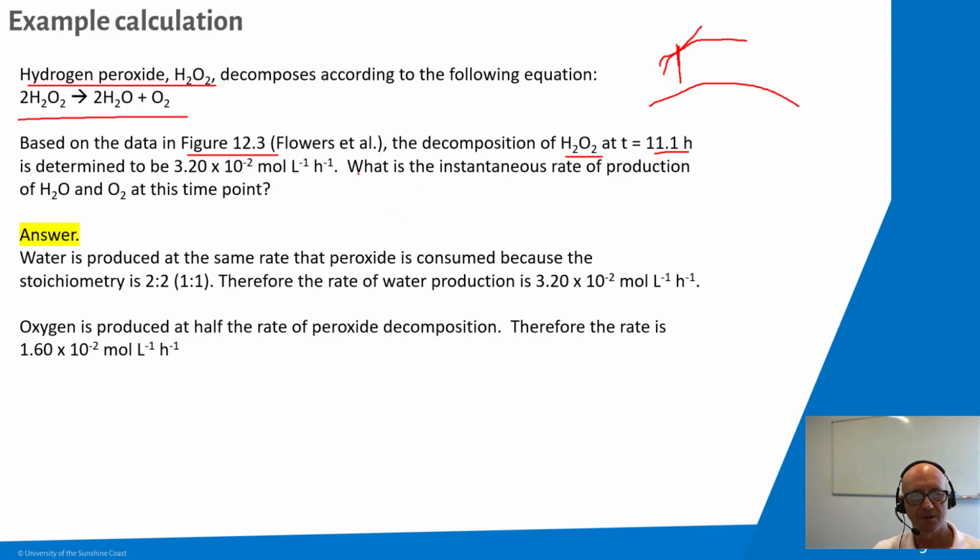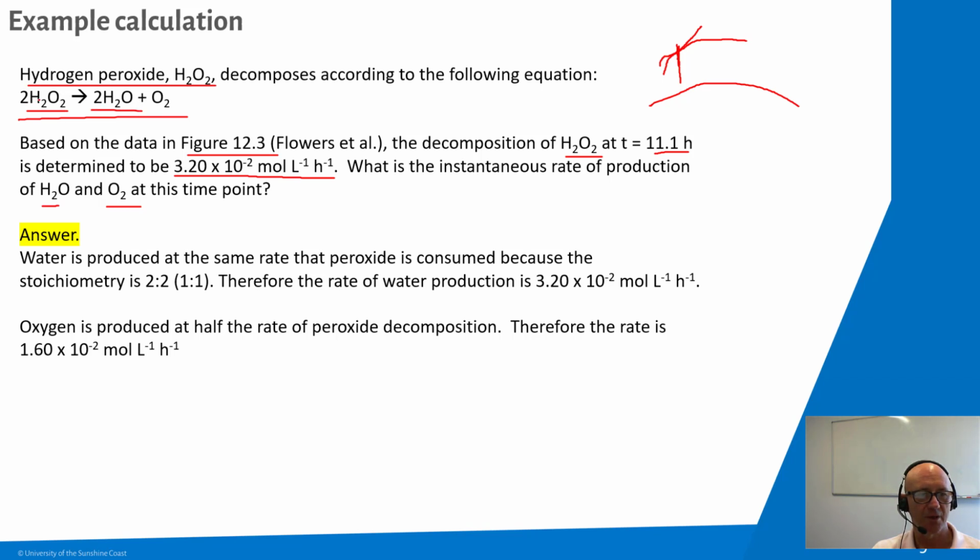Okay. Anyway, what is determined to be this amount? So it's 3.2 by 10 to the minus 2 moles per liter per hour, or I could have written that obviously as molar per hour. It doesn't really matter. Anyway, what is the instantaneous rate of production of water and oxygen at this time point? Well, you just simply look up here and you go, okay, for every 2 of these peroxides that break down, I get 2 waters.